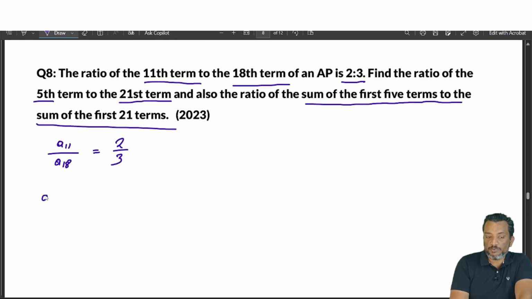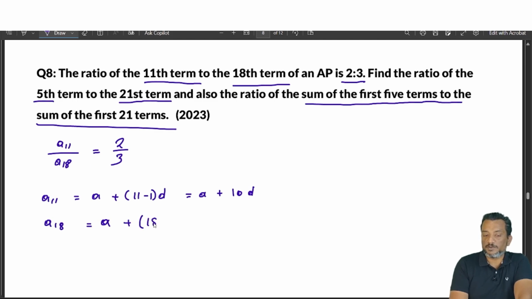Now same way we can find A11 is equal to A plus (n minus 1)D, n is 11, so you will get A plus 10D. Same way A18 is equal to A plus 18 minus 1 times D. So you will get A plus 17D.